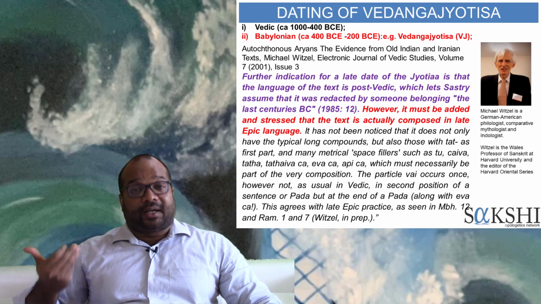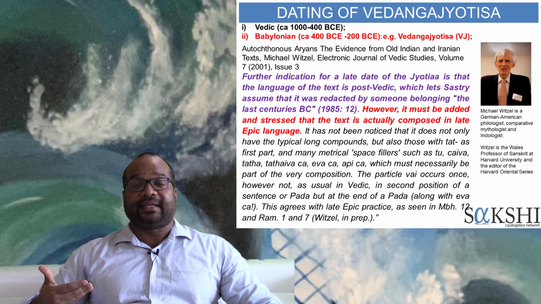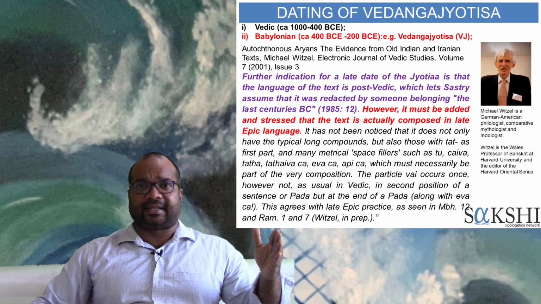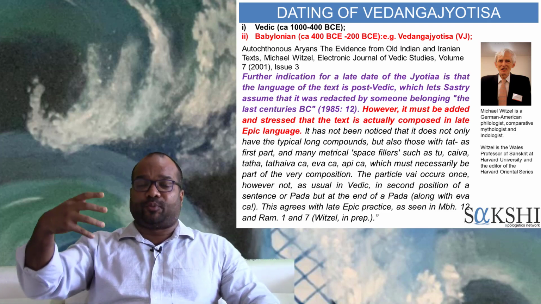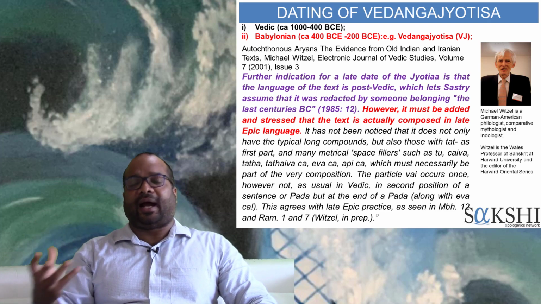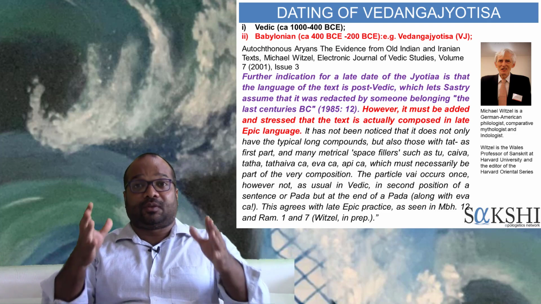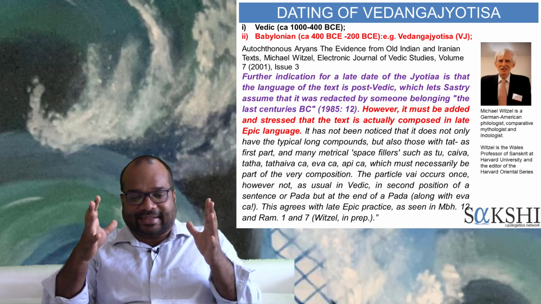The language of the Vedanga Jyotisha text is written in epic Sanskrit. It is not written in the archaic Vedic Sanskrit. It is written in a much more developed Sanskrit, which is why we treat it as from BC 300 or so, and we date it there. So the Vedanga Jyotisha should have been written at the same time.